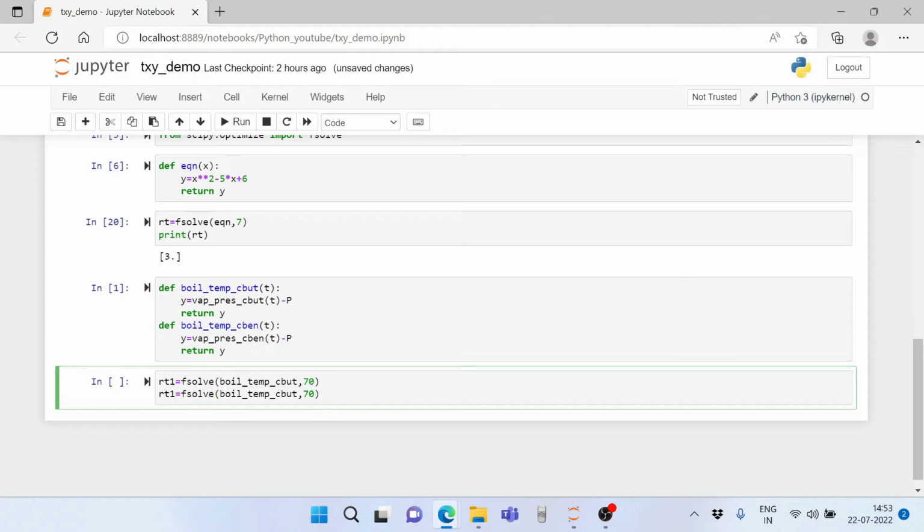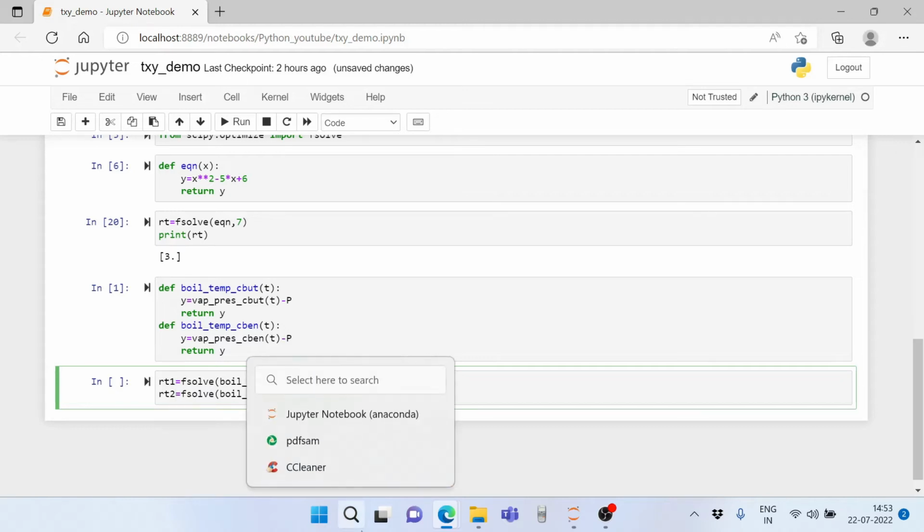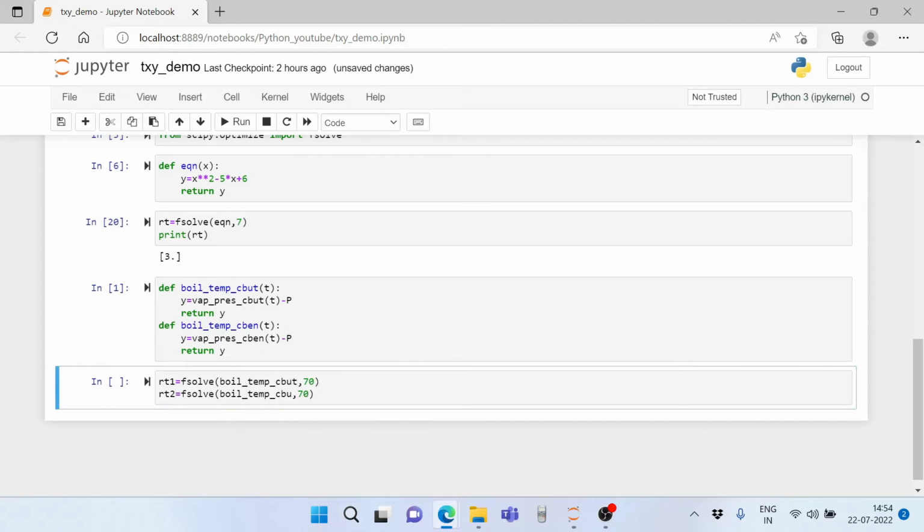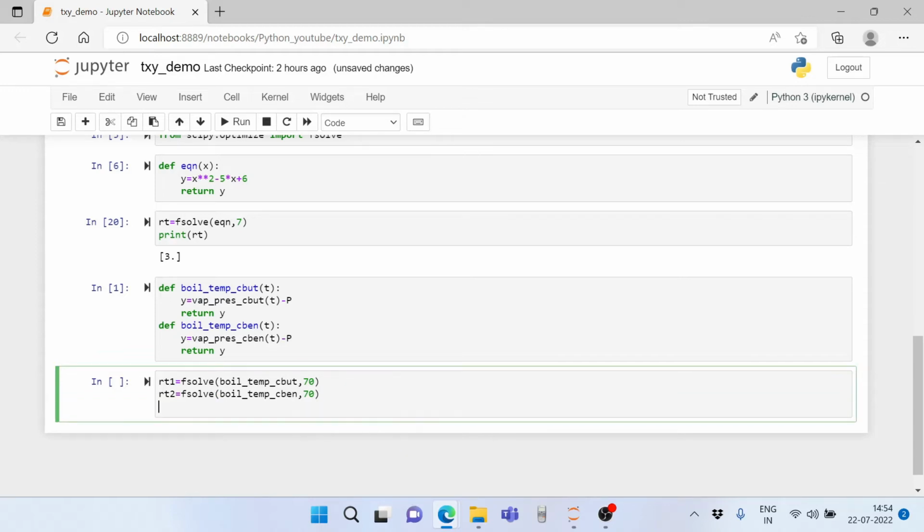And write another variable RT2 for chlorobenzene. And print out the value of RT1 and RT2.